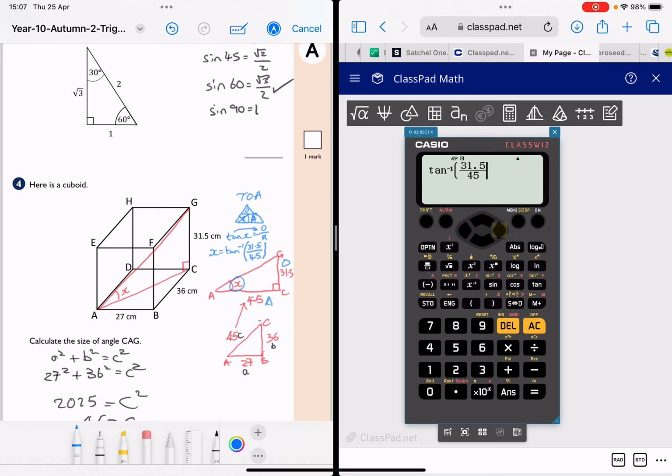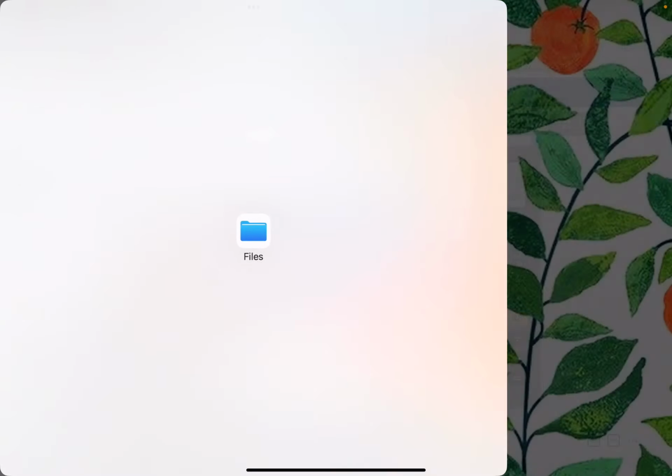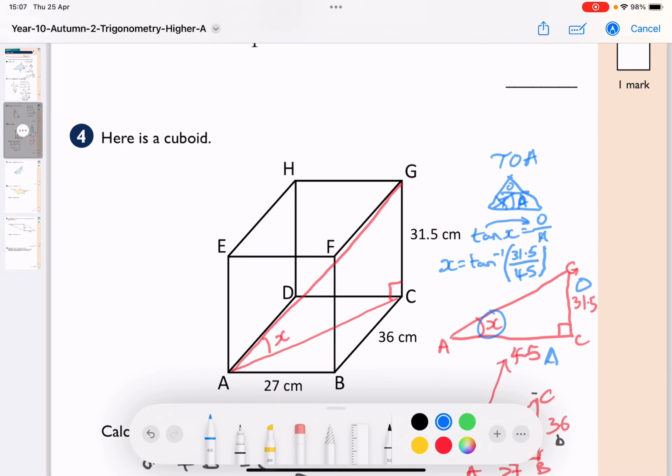Move to the end, close the bracket, press equals. 34.99, 35.0. So x equals 35.0 degrees to 1 decimal place.